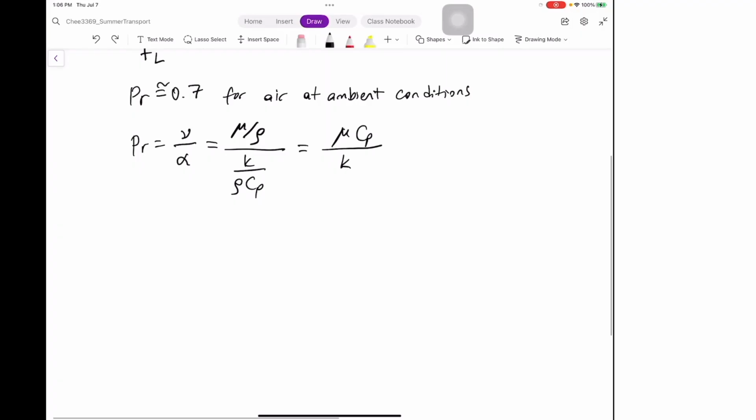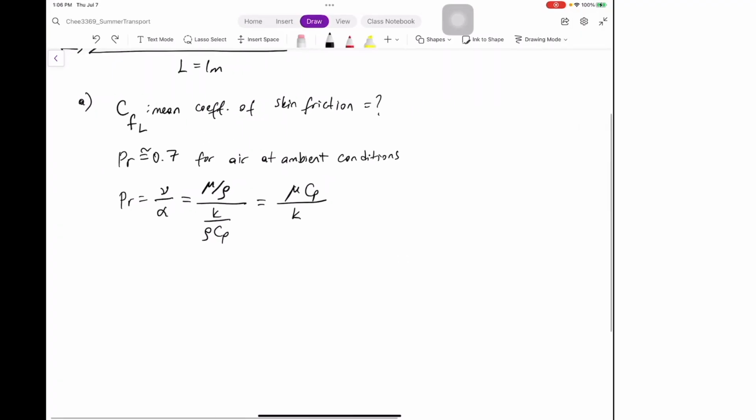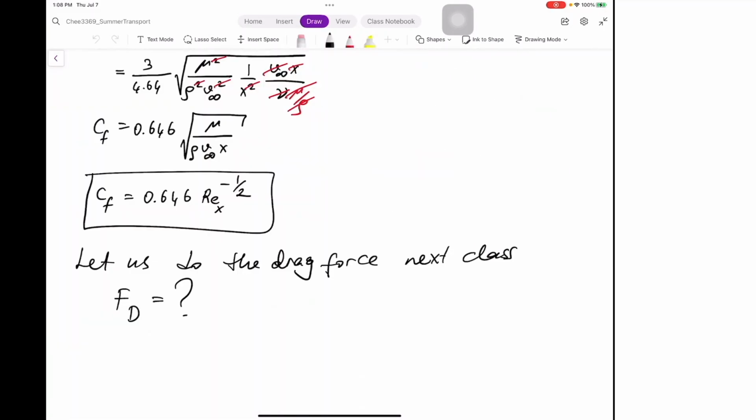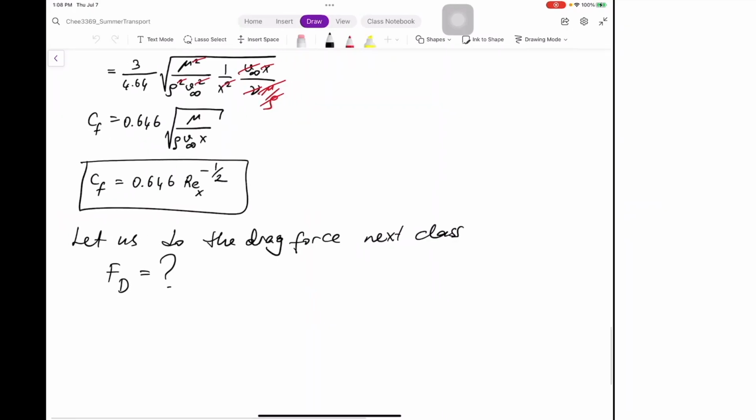So that tells you something. If you go back to your notes, when the Prandtl number is almost equal to 0.7, you can use this skin friction coefficient. So let's calculate the skin friction coefficient for the entire plate.